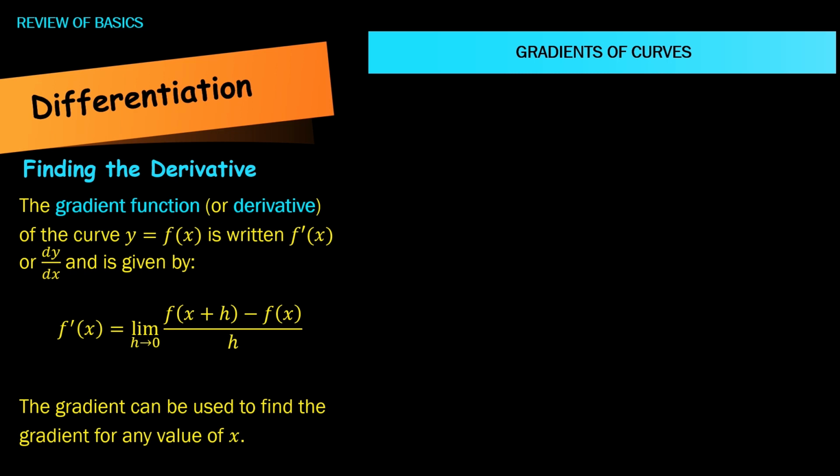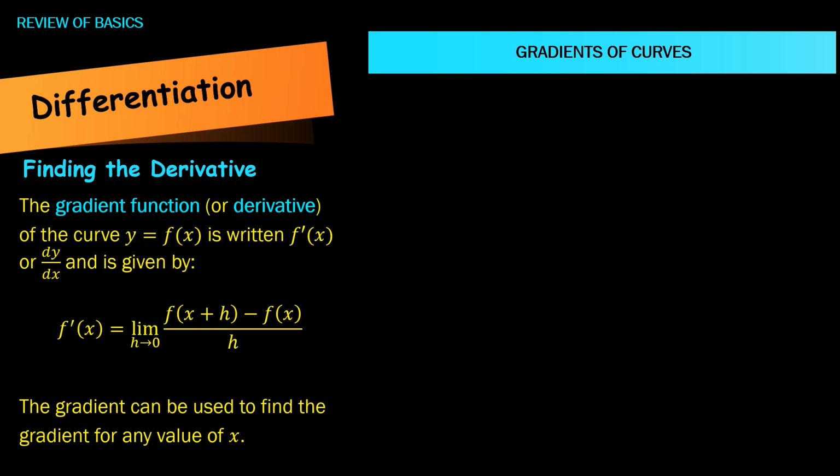So if we define this formally, the gradient function or derivative of the curve y equals f of x is written f dash of x or dy dx and is given by f dash of x equals the limit as h tends to 0 of f of x plus h minus f of x all over h.